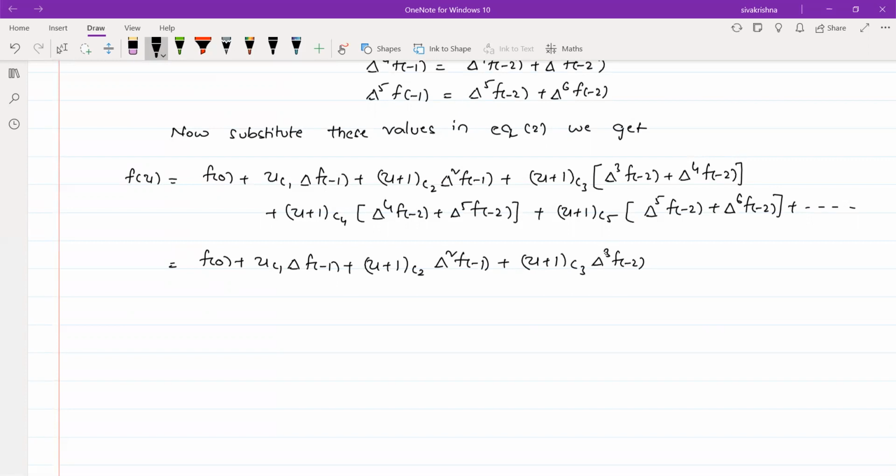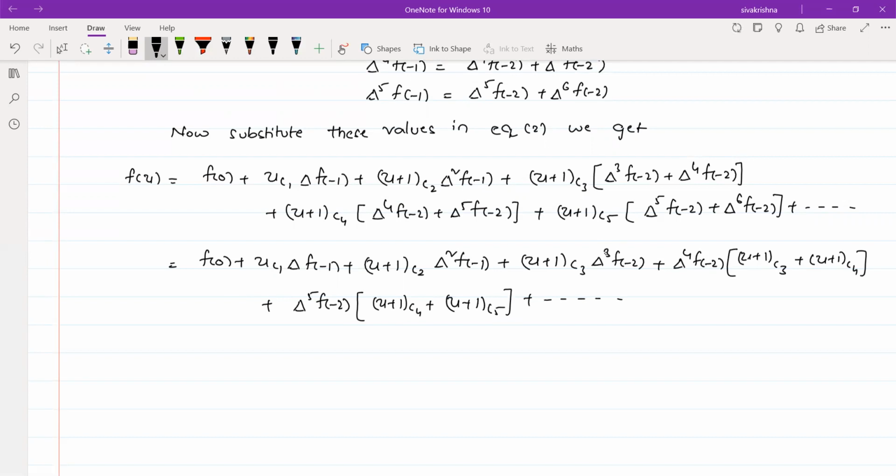From delta power 4 f of minus 2 we are having 2 terms, so we take delta power 4 f of minus 2 as common, so that we get (u+1)C3 plus (u+1)C4. Similarly, we are having delta power 5 f of minus 2 also in 2 terms, so we take it as common, so that we get (u+1)C4 plus (u+1)C5, and so on.